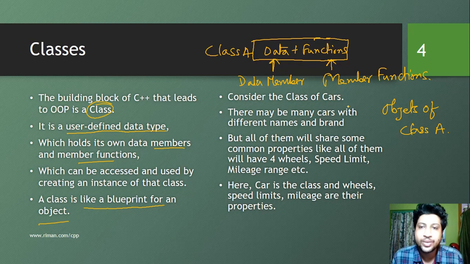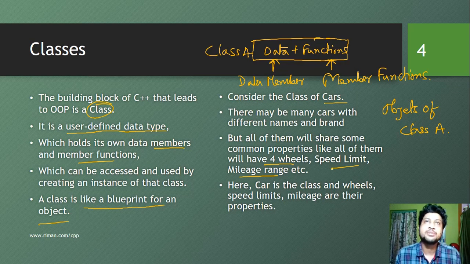So for example, we can consider a class cars, and there may be many cars with different brand names and different model numbers, but all of them will share some common properties, like all of them will have four wheels, speed limit, mileage range, etc. So here car is a class, and wheels, speed limit, mileage are their properties.